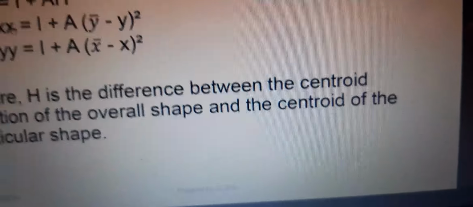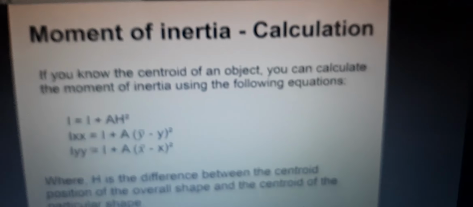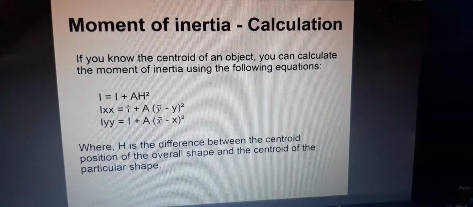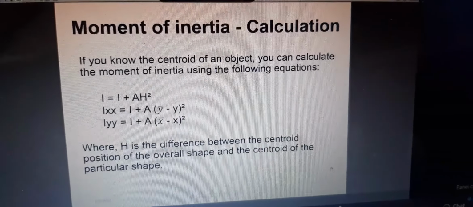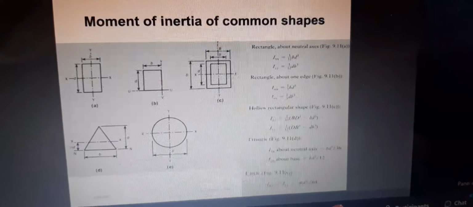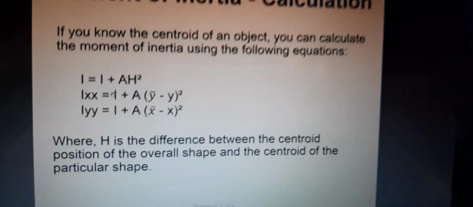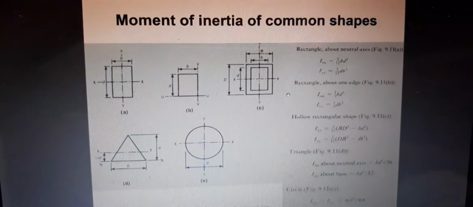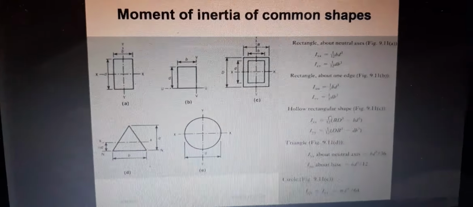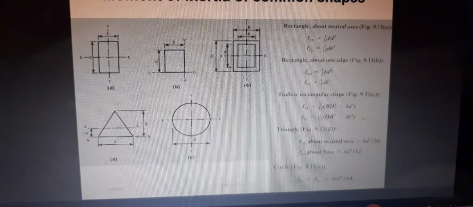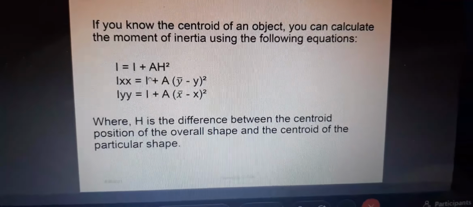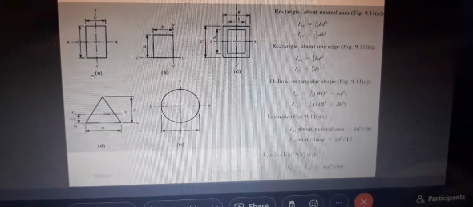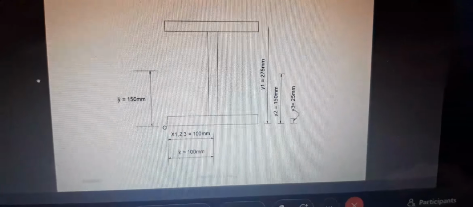So right here, if I am doing a circle and I'm trying to find IXX or IYY, the value that I would substitute right here where I have the I is pi d to the 4 over 64. Right? If I am finding a hollow section for a rectangle, this formula right here, I will substitute it right here where I have this I. Right? So you will have this as your guide, and we will go through them, of course.